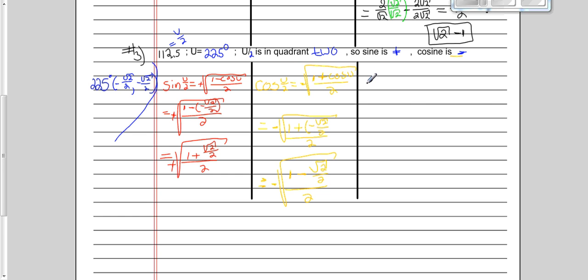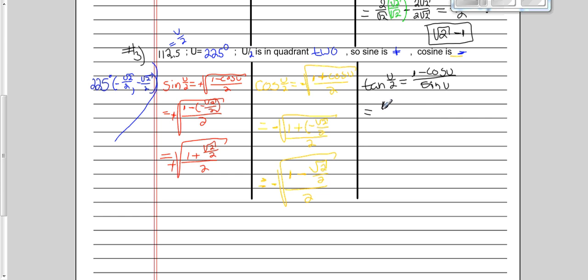And the last one is tangent. Once again, we got two formulas we can use. We're just going to use the first one, and there's going to be some work involved. So I got 1 minus cosine u over sine u. A little sloppy. Okay. So I'm just going to use the first one here. I'm not going to write the second one because I don't use it that much. Alright, and I'm going to plug in my value.